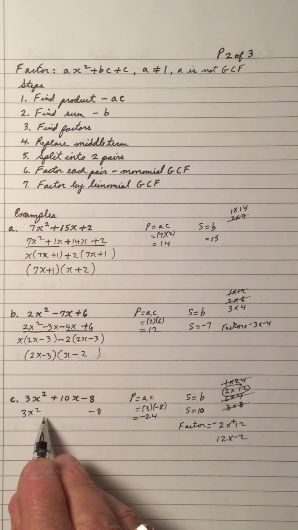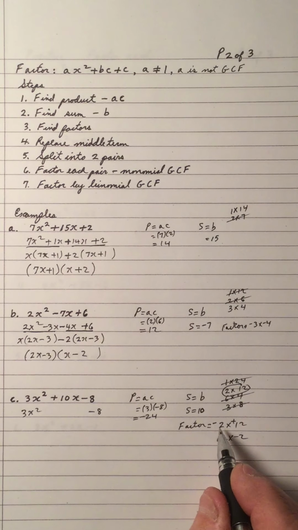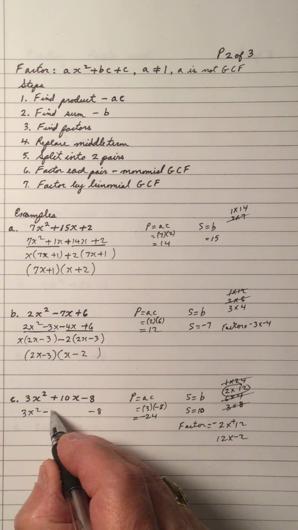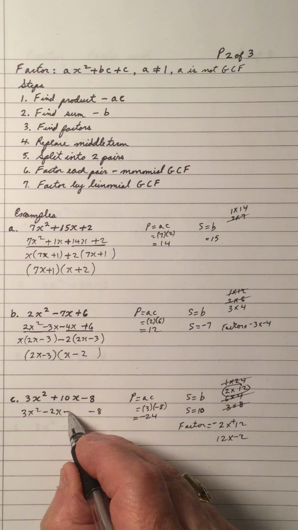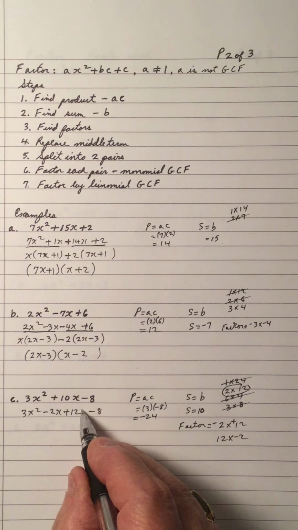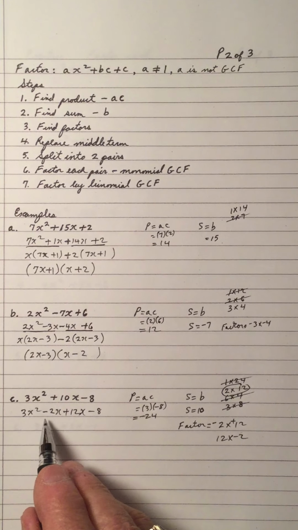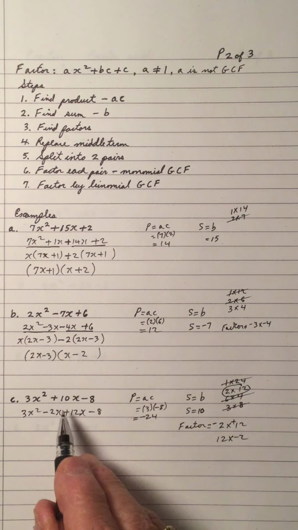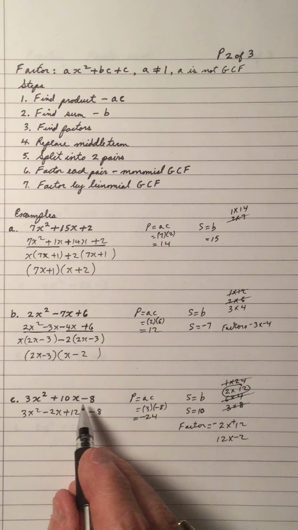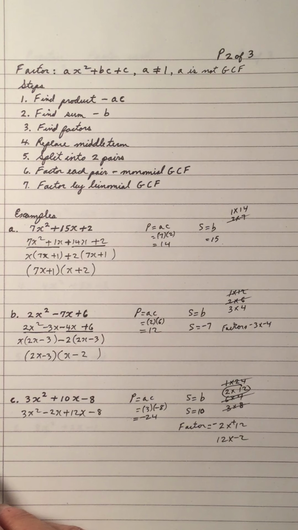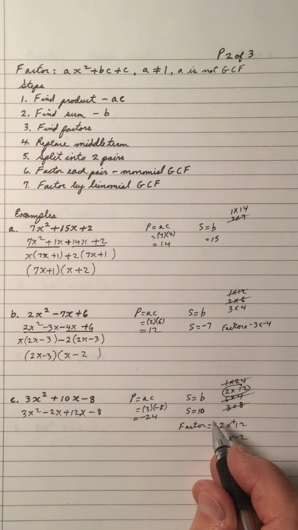I can put the 12 and the negative 2 here. I can go to negative 2 and then the 12. It makes no difference. So I go negative 2x plus 12. You can do either or. But you have to put an x with them. Why? Because these have to add up to give me the 10, and these have to multiply to give me the negative 24. It just takes a while to get used to picking up the fact.